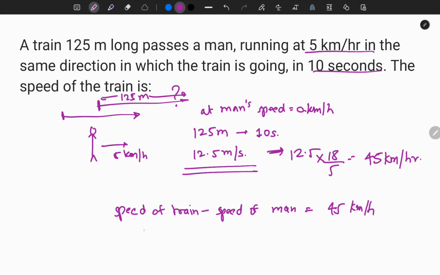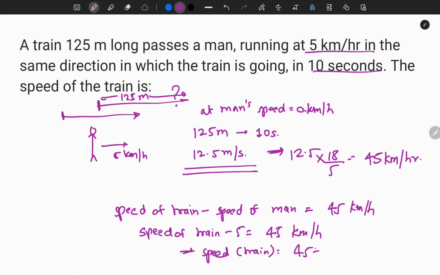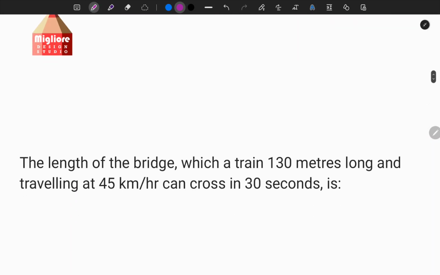So speed of train minus 5 is 45 kilometers per hour. So speed of train is 45 plus 5, which is 50 kilometers per hour, and that is your answer for this problem.